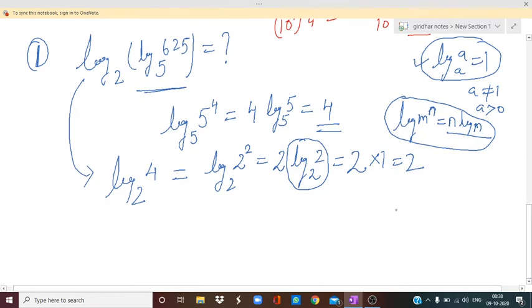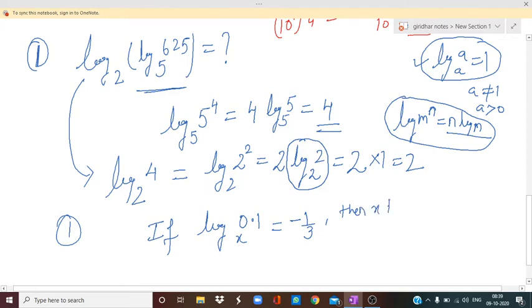Look at this. Another sum we are taking. Suppose we have, if log 0.1 with base x is equal to minus 1 by 3, and then we have to find x.